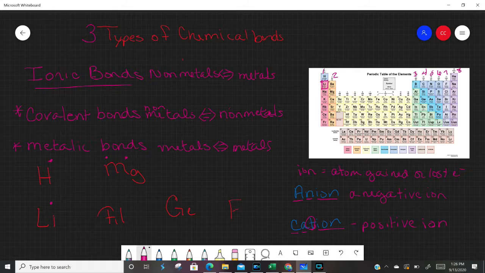Aluminum is in group 13 or 3A, so it has 3. Germanium has 4. And fluorine has 7.